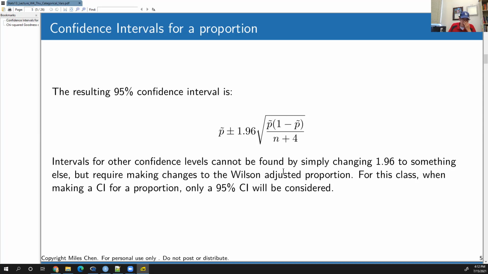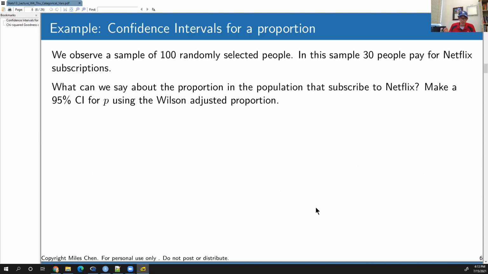So as far as this class goes, if we're talking about a confidence interval for a proportion, it's going to be a 95% confidence interval. All of the ideas for a confidence interval will apply here. I made up this example, and I don't think these numbers are true, but let's say you take a survey of 100 randomly selected people and ask, how many of you have a Netflix subscription?